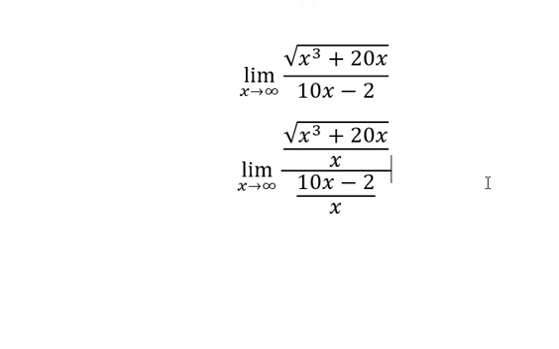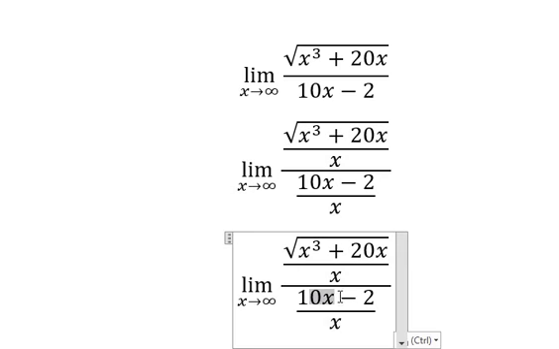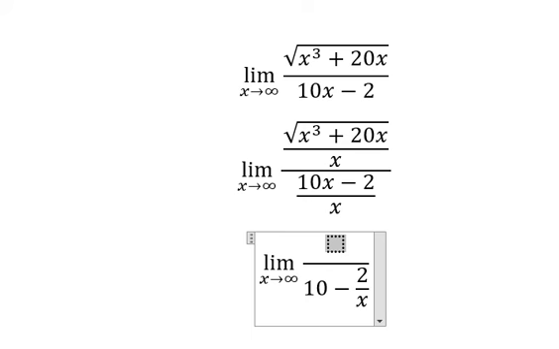So 10x divided by x, we have number 10. This one we keep the same. About this one, we can go inside the square root and that should be like this.